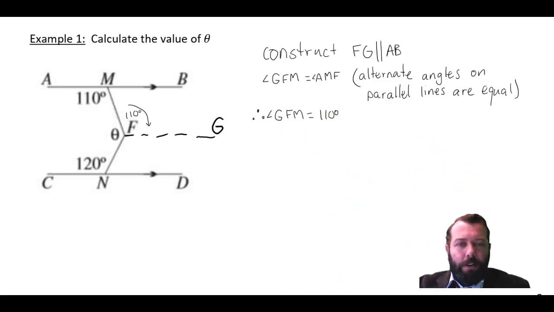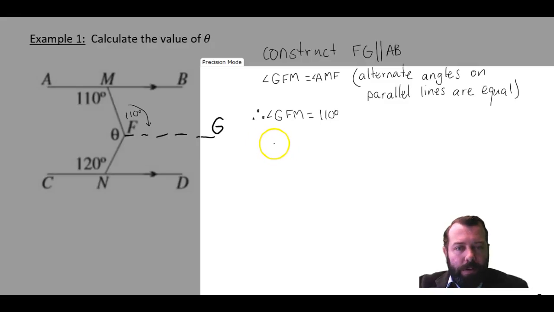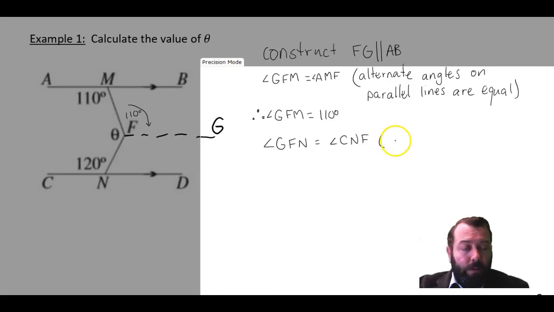Now I'm going to do something very similar. I don't have to do another construction, but I'm going to do something very similar with the angle GFN. So I'm going to say that the angle GFN is equal to the angle CNF. And again, I have to write the full explanation.